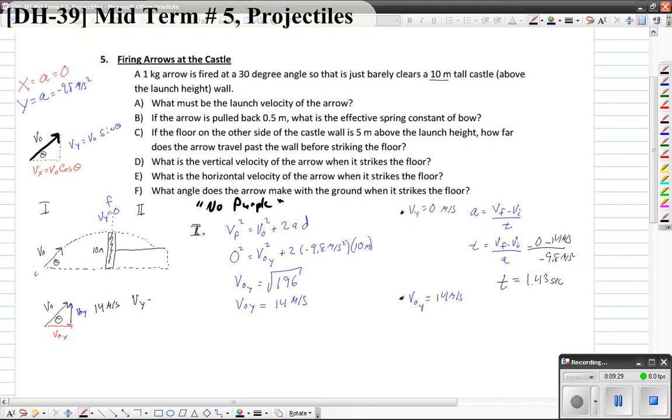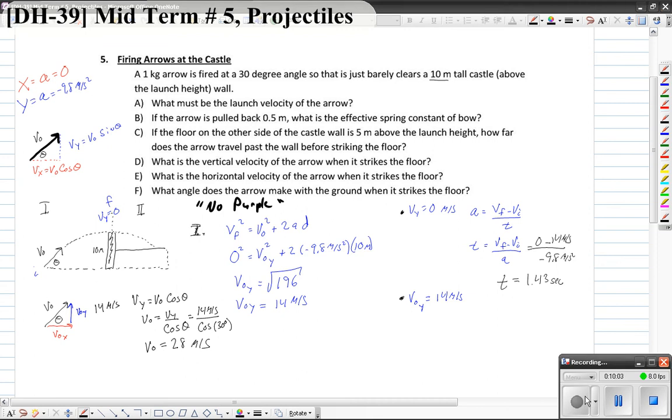So Vy equals V naught cosine theta, or V naught equals Vy over cosine theta, because we have the theta. It's 30 degrees. So when you plug in the numbers, you're going to have 14 meters per second over the cosine of 30 degrees, 0.866, and that's going to give you an initial velocity, or a launch velocity, of 28 meters per second.